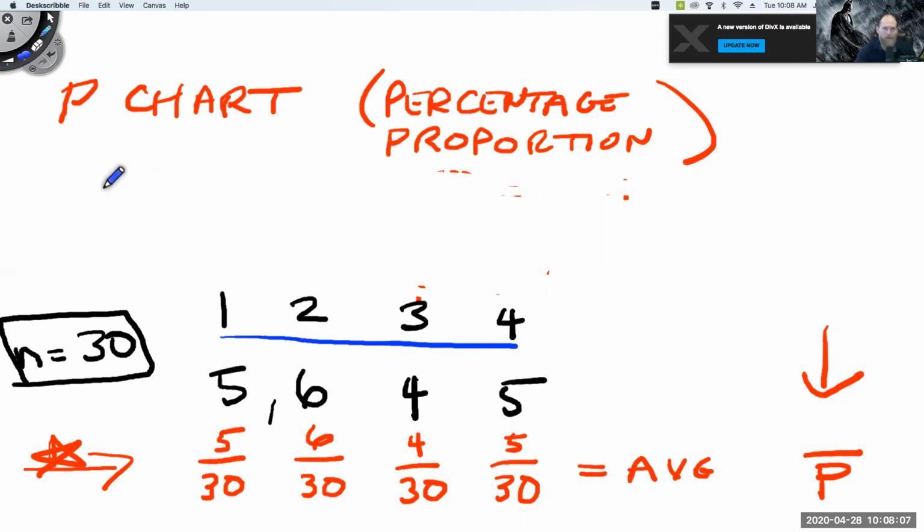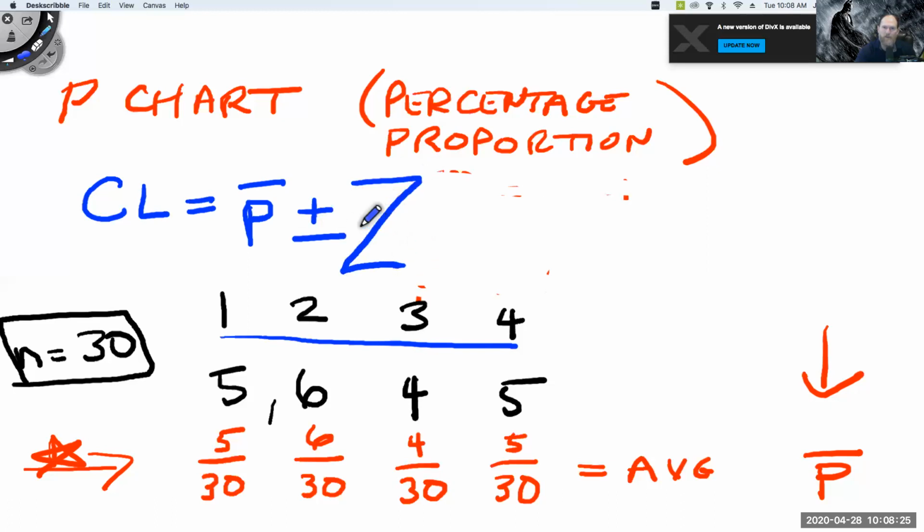Formula time. For the control limits here, we have that pattern again where we begin the control limit with P bar. I'm just going to write the full formula. We start this with Z, so we still need a Z. If you remember from QBA, and it might be a little while back, I talked about confidence intervals.